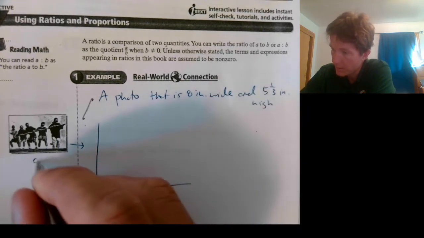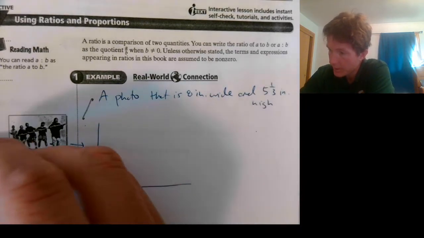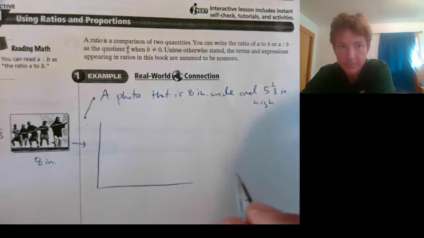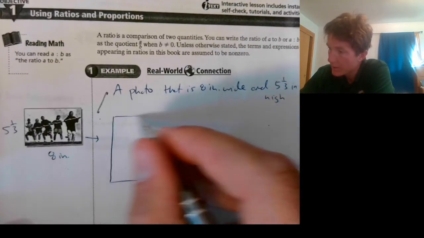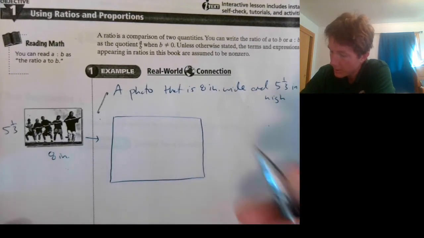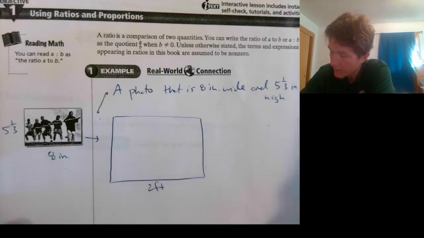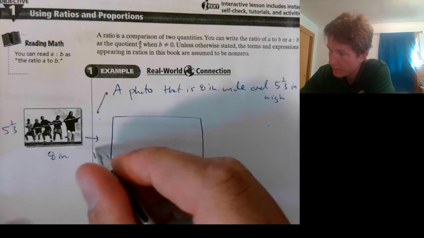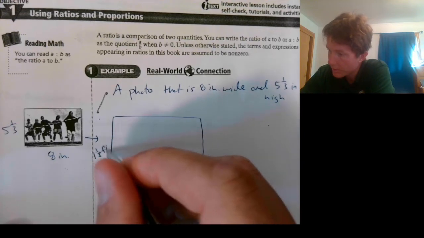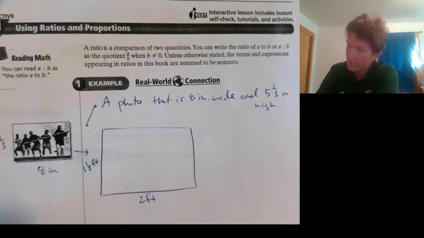So let me just write 8 inches down here, and then 5 1/3 up there. It's enlarged to a poster that is 2 feet wide and 1 1/3 feet high. What is the ratio of the width of the photo to the width of the poster?